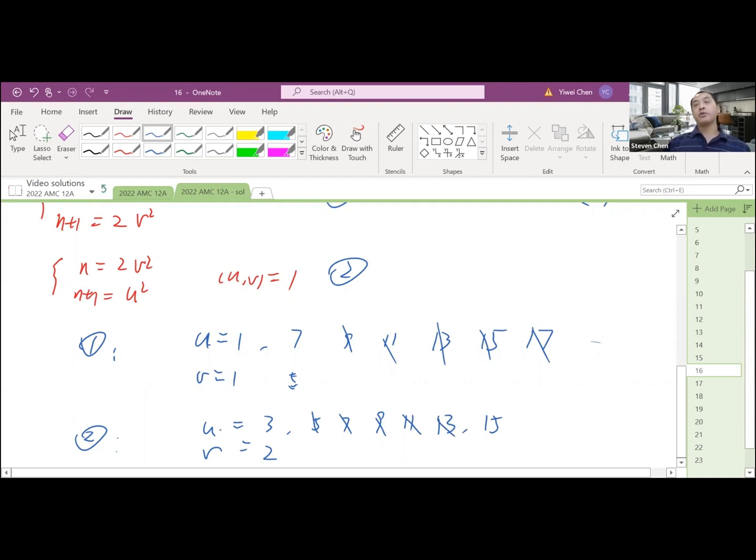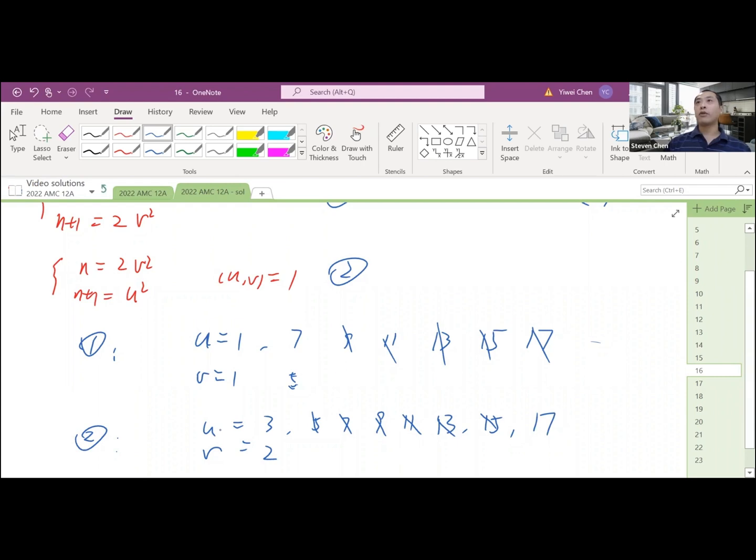Let's next try u equal to 15. So n plus 1 is 225, then n is 224, its half is 112, it's not good. Next, let's try 17. So then n plus 1 is 289, then n is 288.